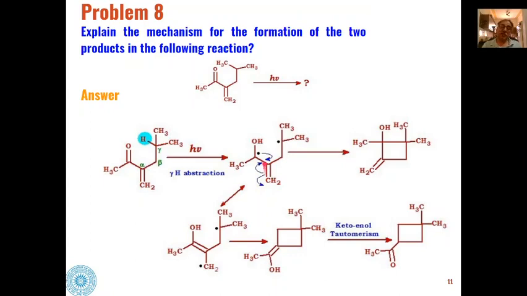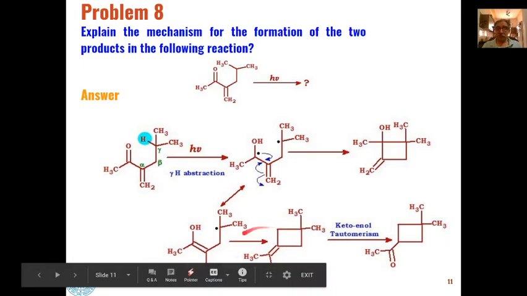And second, because of the presence of this methylene group at the alpha position, one electron from here, one electron from here, can make a carbon-carbon double bond, and CH2 will have the free radical. So this will be converted into this type of biradical.